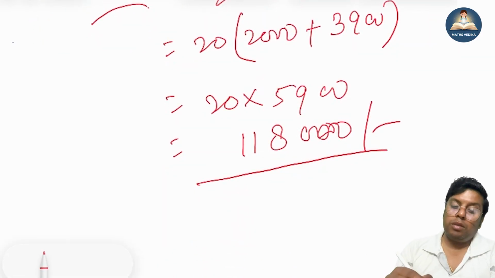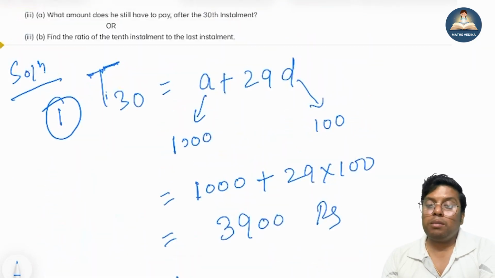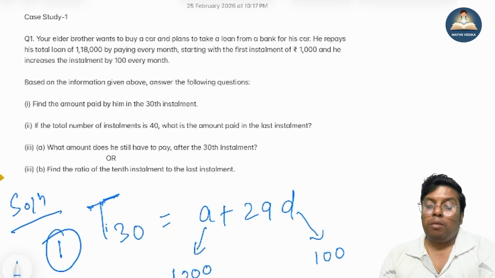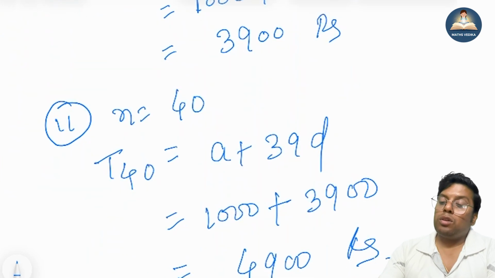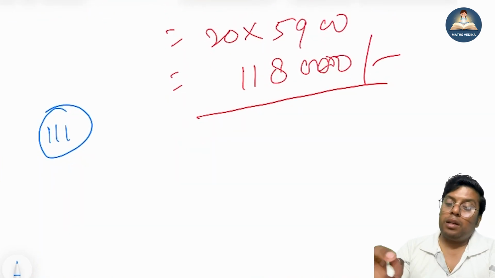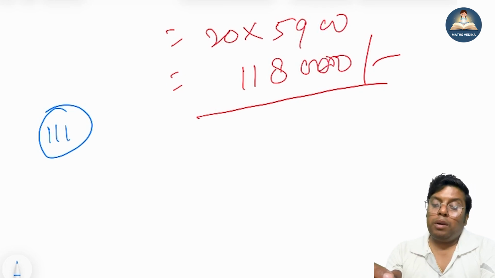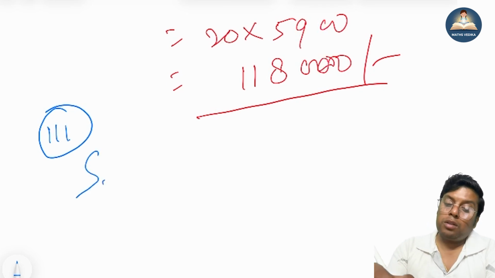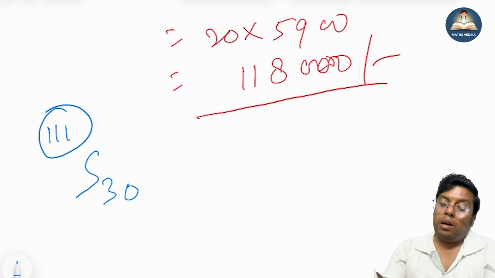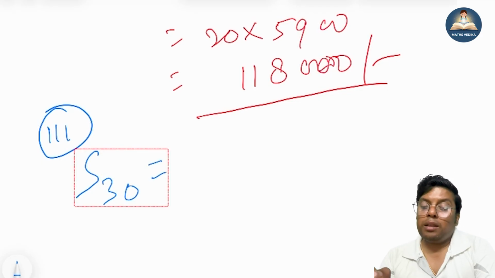Now come to question number 3. The question number 3 is: what amount does he still have to pay after the 30th installment? After the 30th installment, what is the loan amount left to be paid? So we'll find out how much amount is paid in 30 installments.